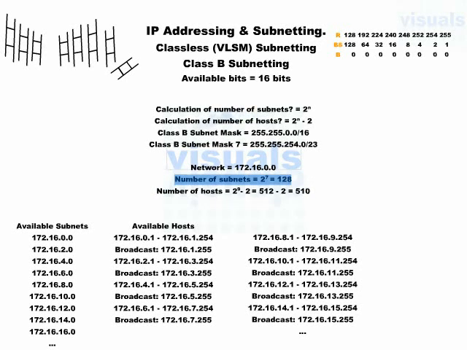Now this is 7 bits, so 7 bits provide the block size of 2. This is the difference which I am going to apply on this network till I get 128 subnetworks. 172.16.0.0, 172.16.2.0, 4, 6, 8.